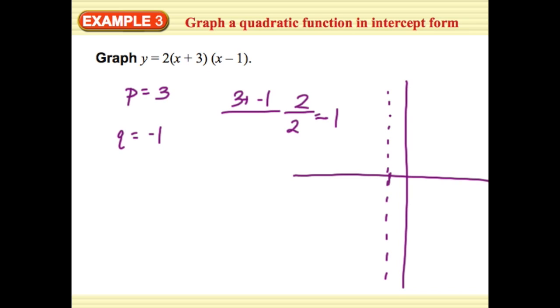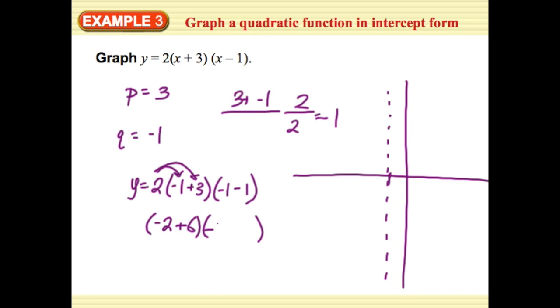So I can figure out what my y coordinate is going to be. y = 2(-1 + 3)(-1 - 1). So remember, you're going to use FOIL. You can distribute first or you can distribute second, it doesn't matter. So 2 times -1 is -2 plus 2 times 3 is 6. Now use FOIL.